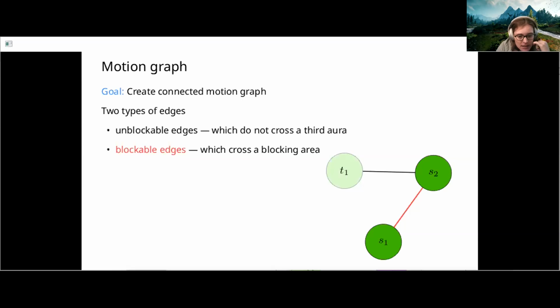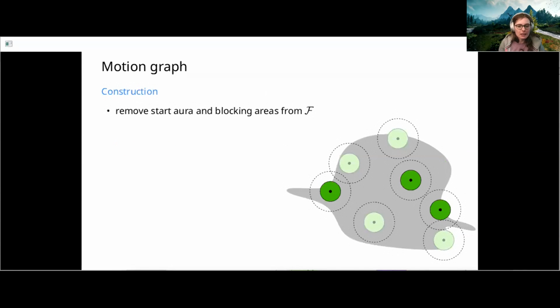Okay, let's see how we're going to deal with it. So this is the whole construction. Recall we're still in one free space component. We subtract the auras of the start positions from the free space. This may have separated the free space into multiple components, so let's look at one component for now.